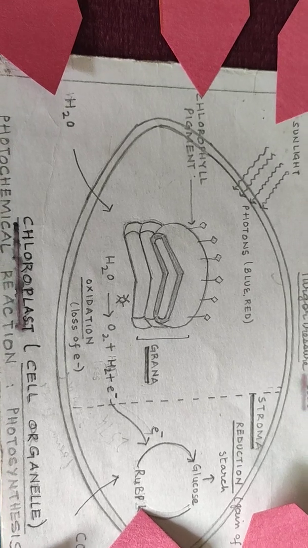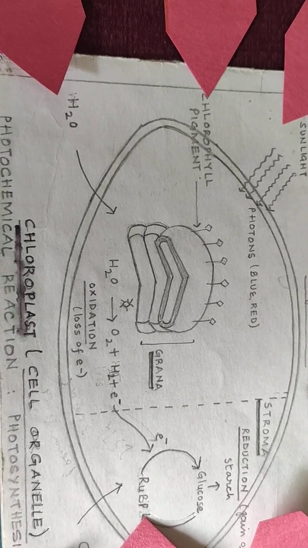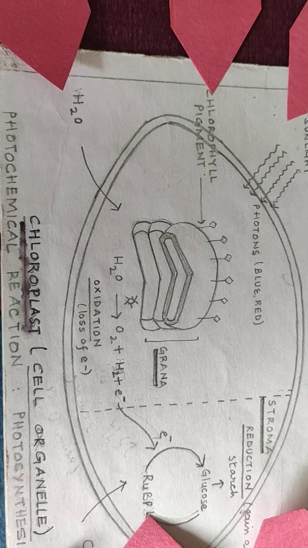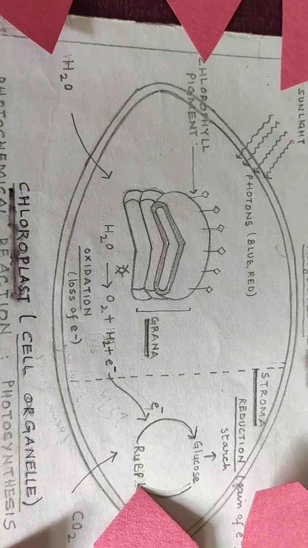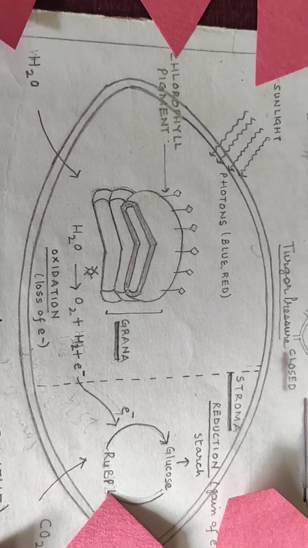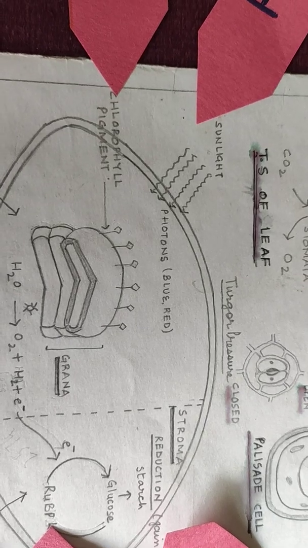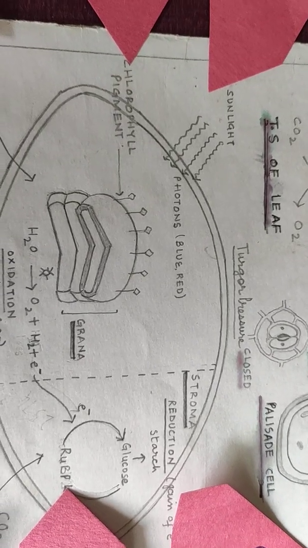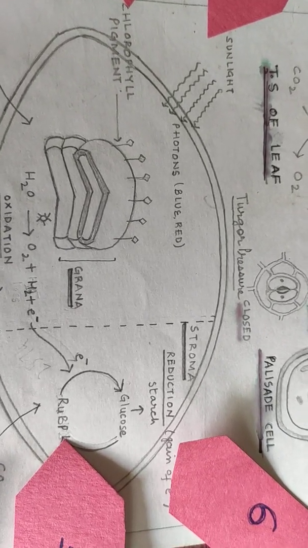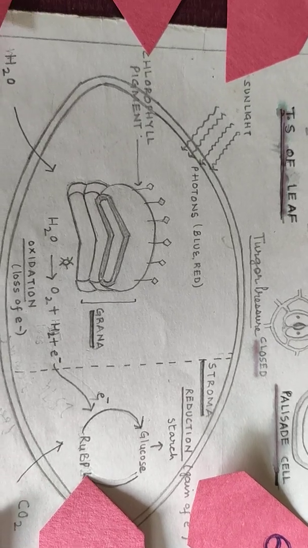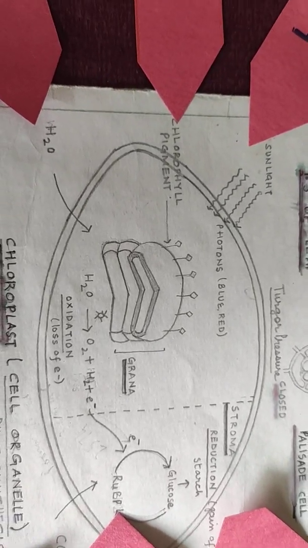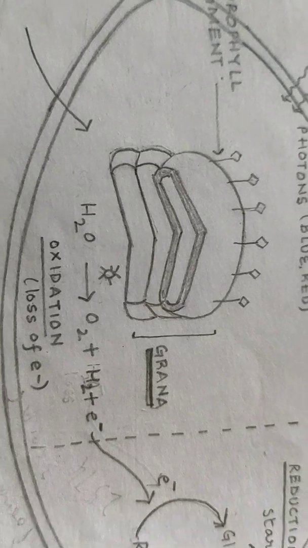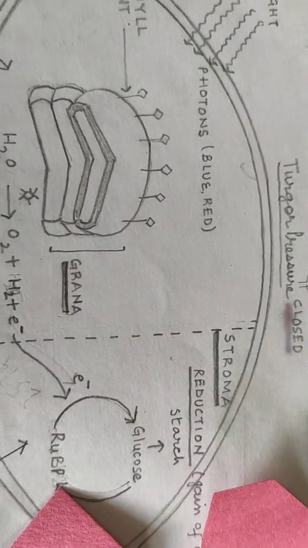This is called a dark reaction as opposed to the light reaction because it is independent of light. As it is accepting electrons, we call it reduction, or we say there is gain of electrons. So in the chloroplast we have the grana, we have the stroma.